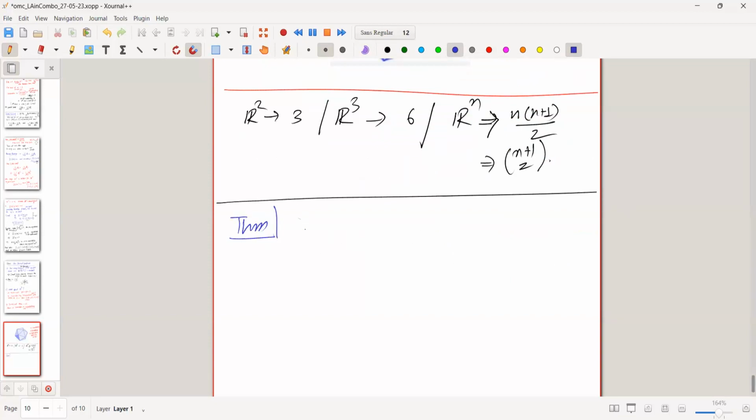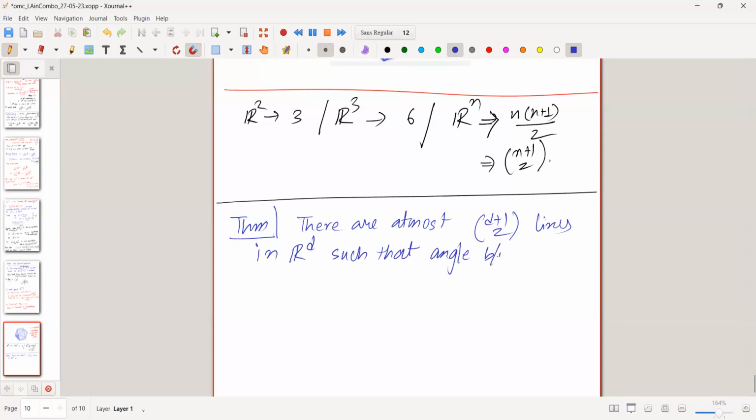Theorem or problem, whatever: there are at most n plus 1 choose 2 lines in R^d such that the angle between any two is the same.